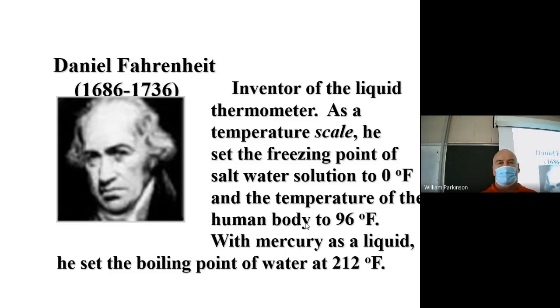And on his scale, salt water was in equilibrium with ice at 0 degrees F. You got the most contraction in salt water. It expanded out a little bit in pure water. And then when he boiled the water, it would expand to the point where that would be a measurement of 212 degrees Fahrenheit.